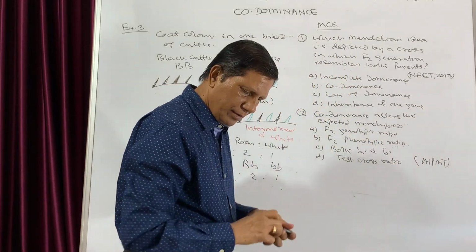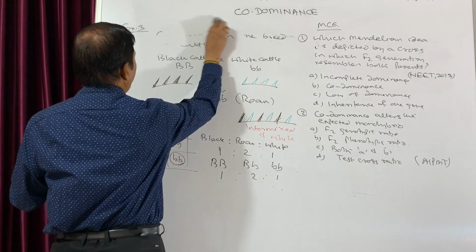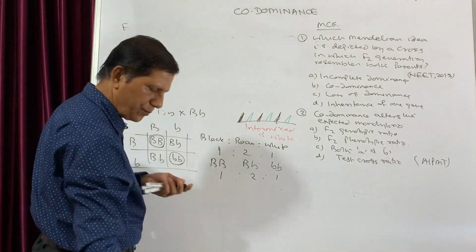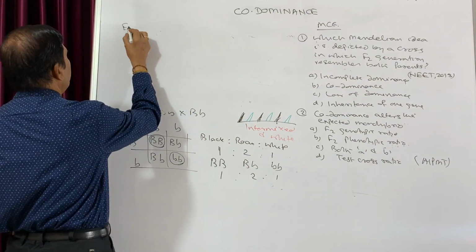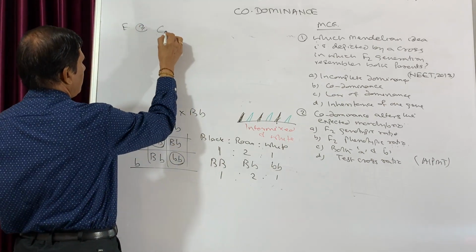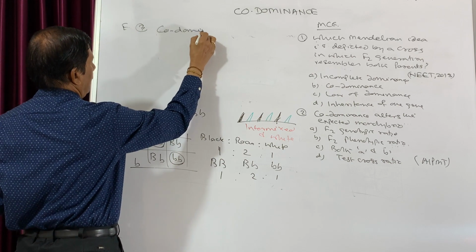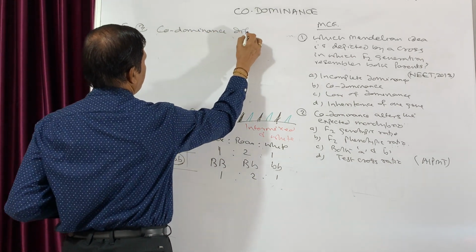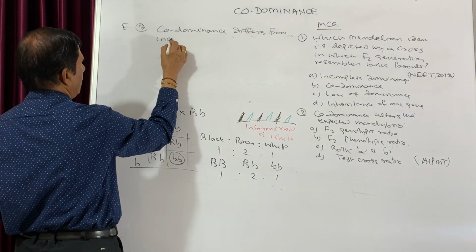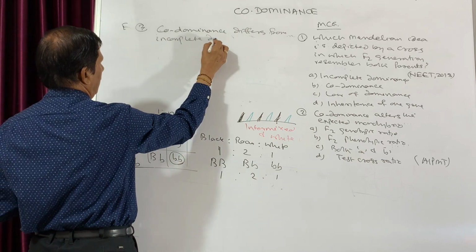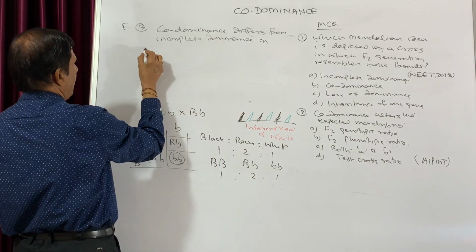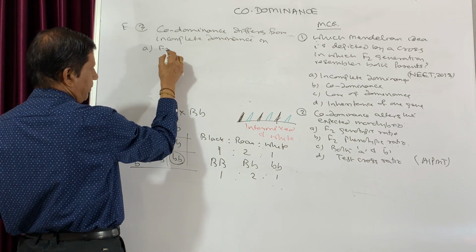Now let me give a third question. Third question: codominance differs from incomplete dominance in. First choice, F2 phenotypic ratio.